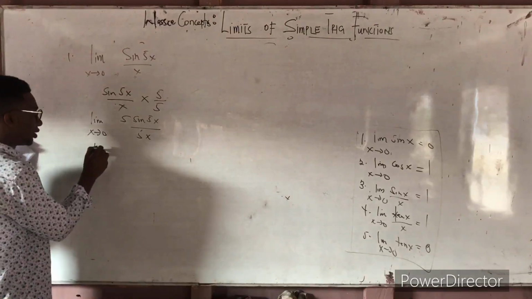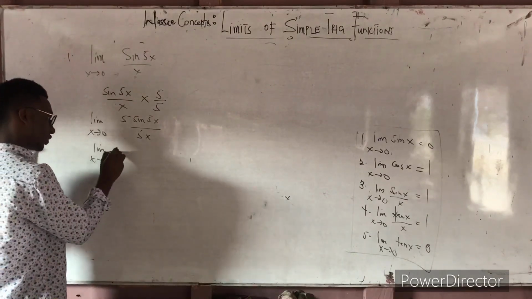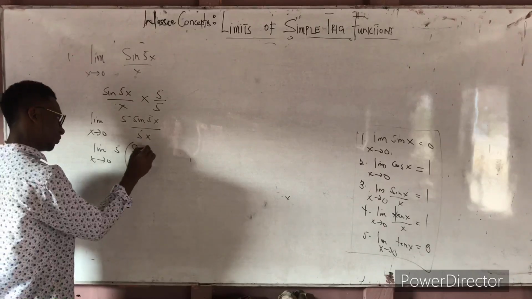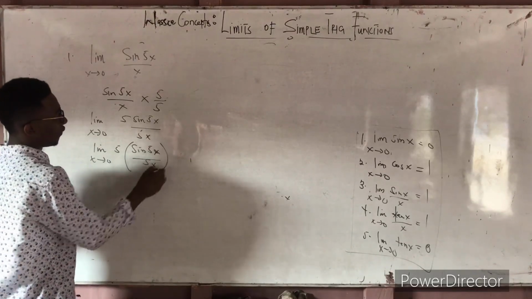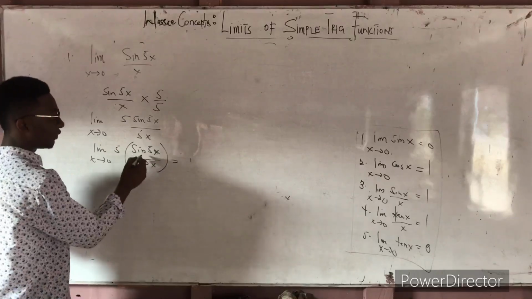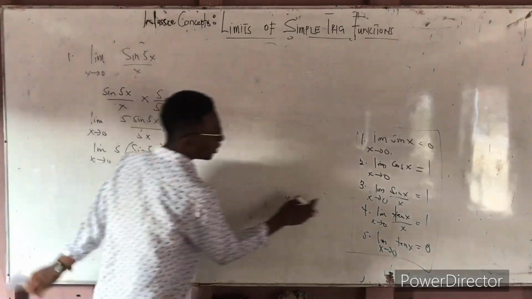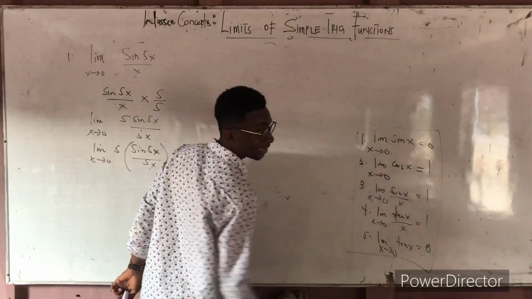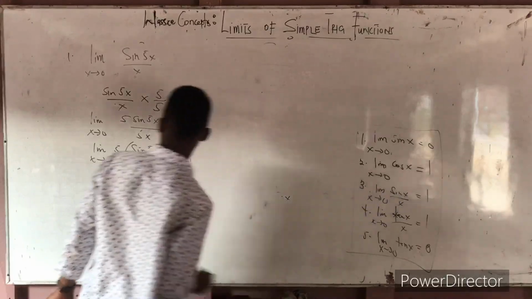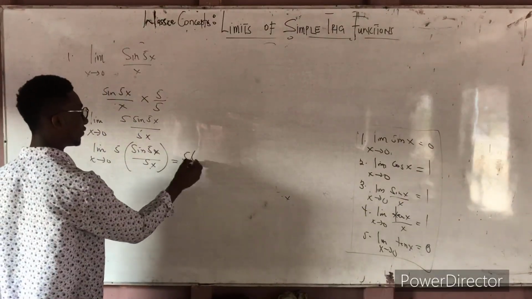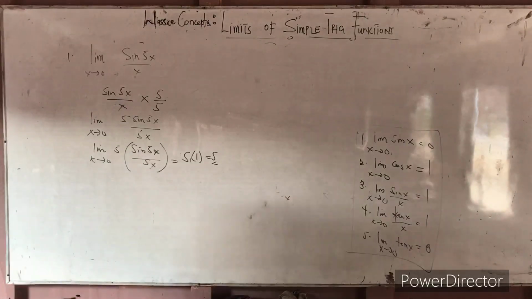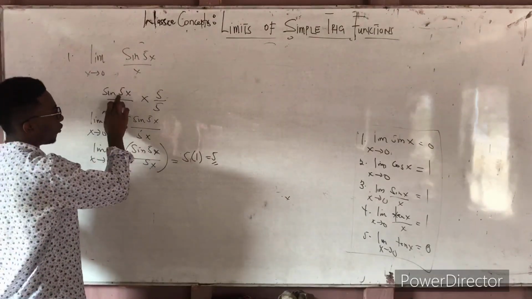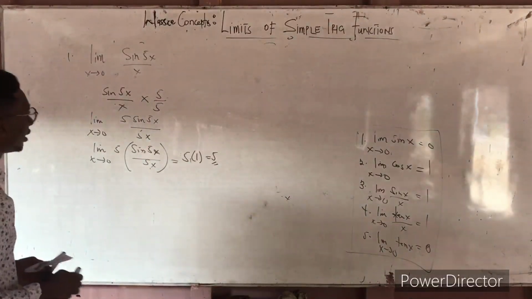So we get the limit as x approaches 0 of 5 into the bracket sin 5x over 5x. That is the limit of sin x divided by x, with the coefficient of x being the same, which is 1. So we get 5 times 1, which is equal to 5. Are you getting it? We multiplied by 5 because of the coefficient of the x that was here.